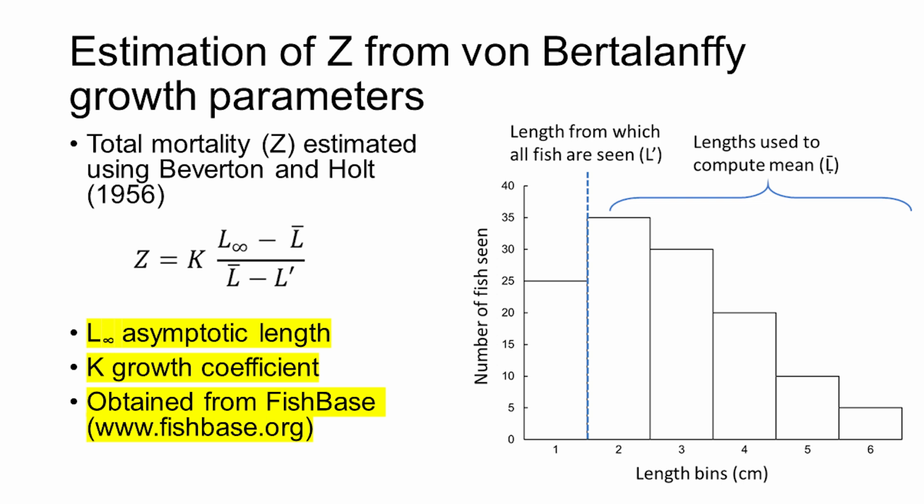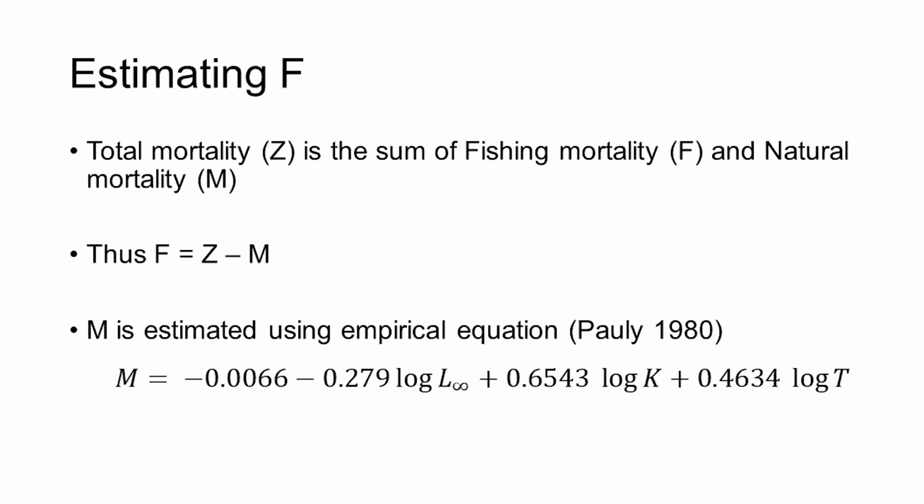So it's very doable. Then after that, we can use the Pauly 1980 equation to get an estimate of M from the fact that Z is the sum of natural mortality M and fishing mortality F.